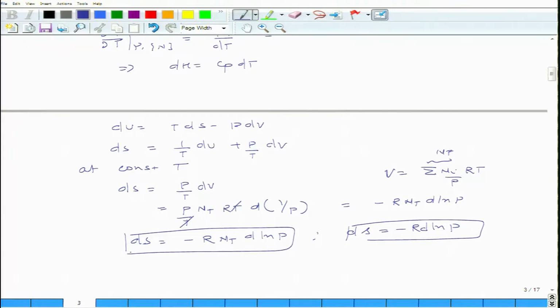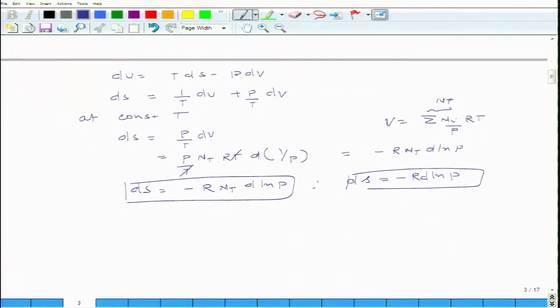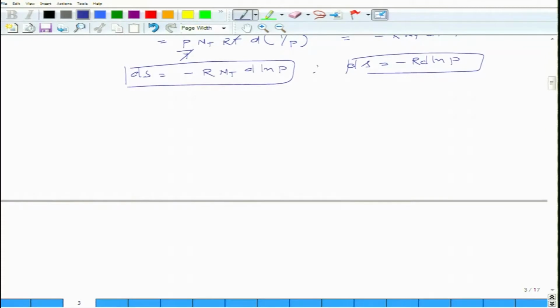Okay. Now, my interest is to obtain the entropy of the ideal gas. So, this is the expression for an ideal gas in differential form at constant temperature. We are going to now integrate from Pi, the partial pressure of component i in the mixture, to P. Now, let us see what we get.